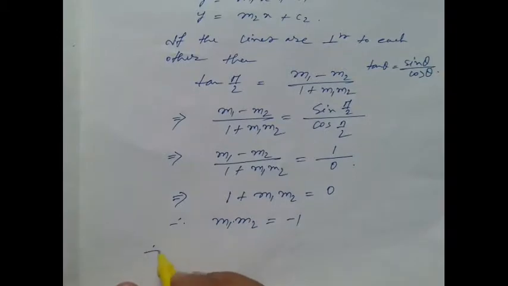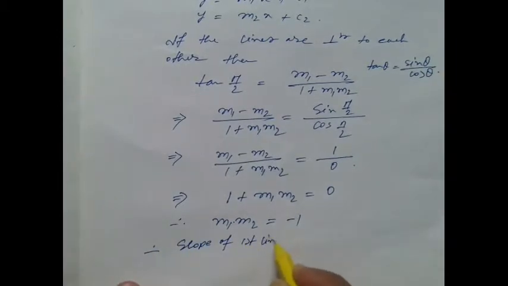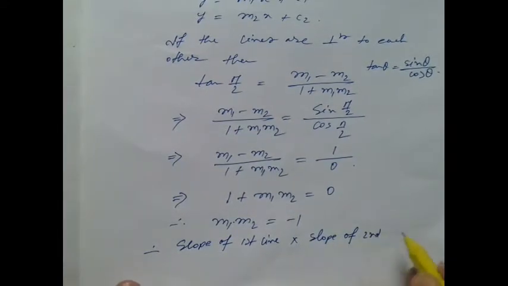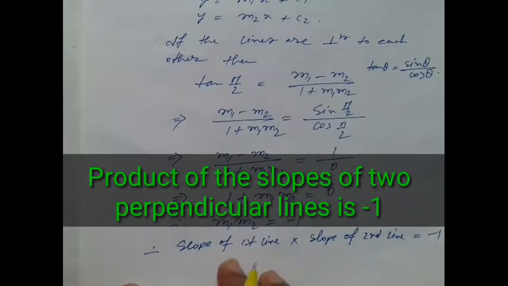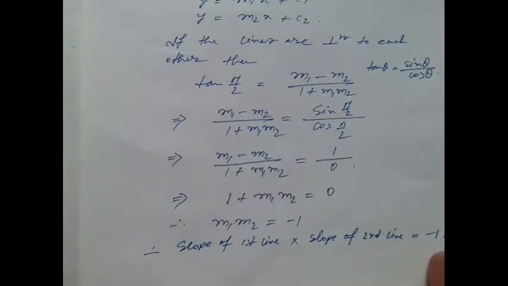Therefore slope of first line into slope of second line equals minus 1. So we can say that if one slope is m, then another slope is minus 1 by m. Okay, the negative reciprocal.